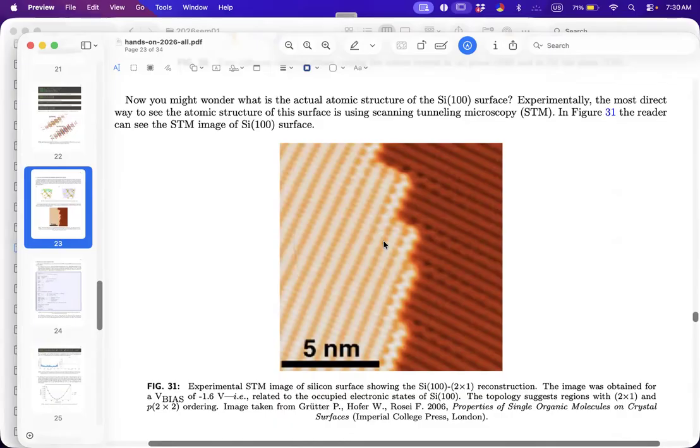That's the reason why it takes complete expertise of people to prepare the tip and be able to observe it. Sometimes the experimentalists crash the tip into the sample to be able to have this kind of atomic resolution, right? So this is still a science under development.